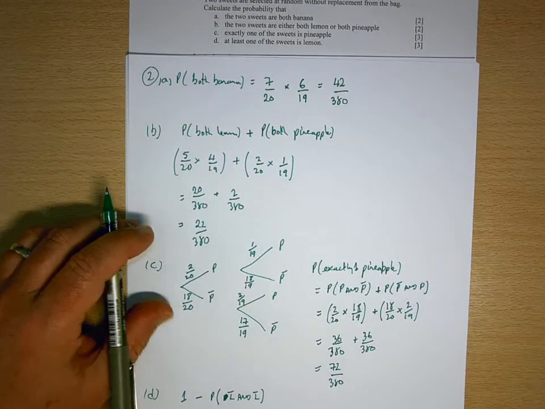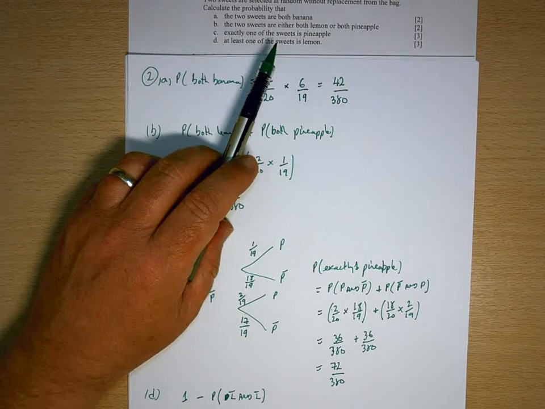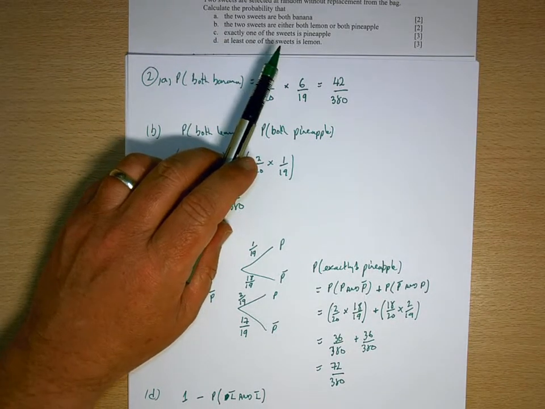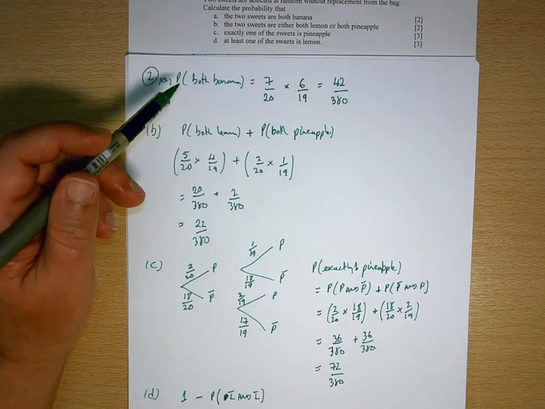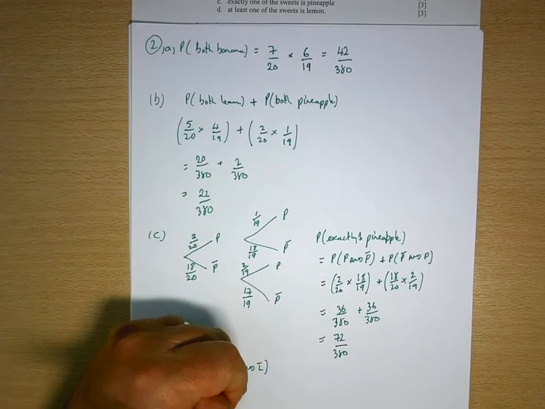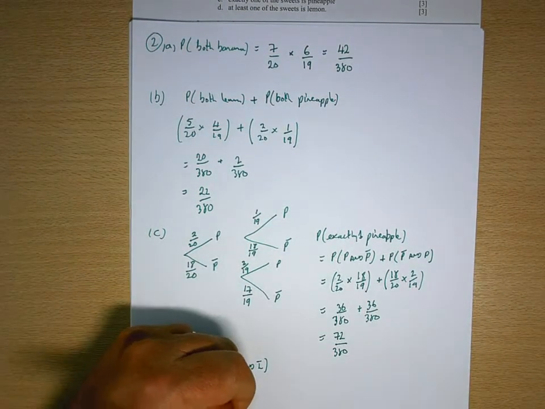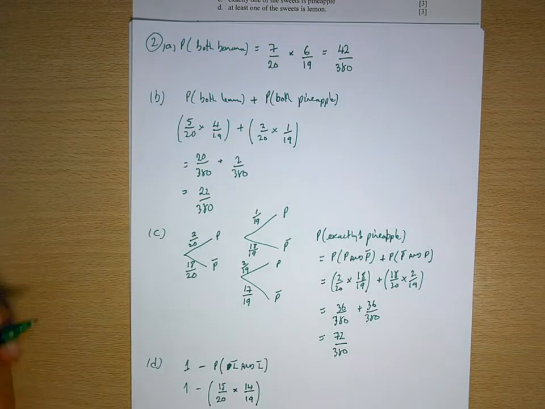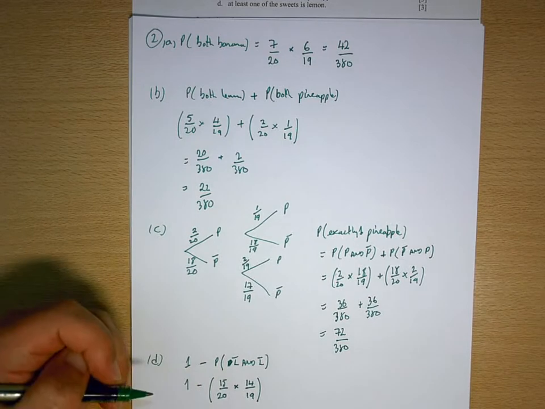And then for the second one, if the first one is not a lemon, that means there's one fewer not lemon in the selection. So for the second not lemon, it'll be 14 out of 19.